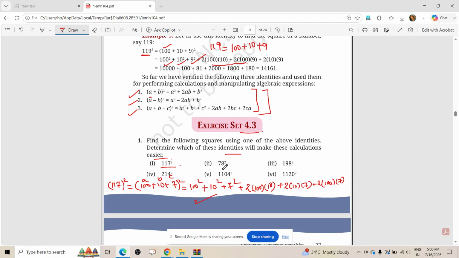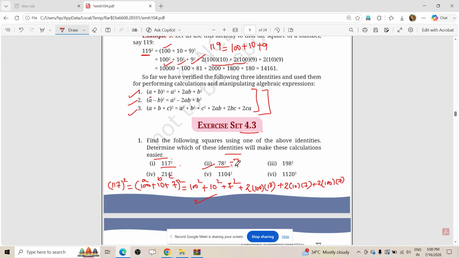See the next question. How will we do this? 78 squared.